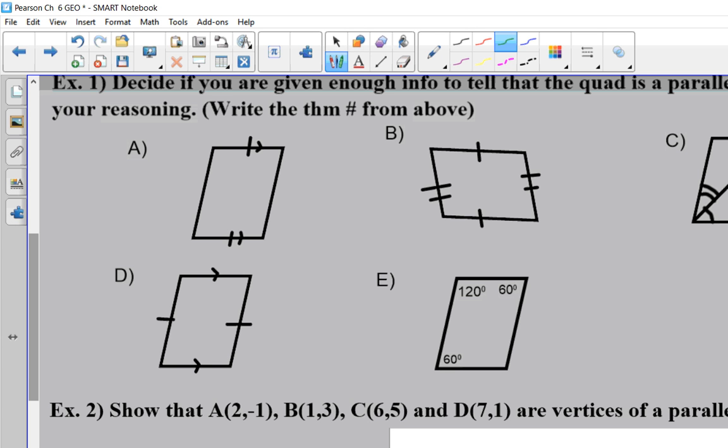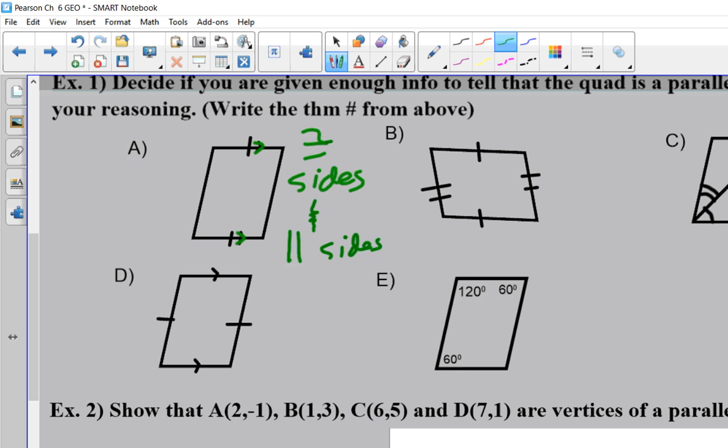So once again, I'm going to go quick, so pause it if you need to. Those should be arrows. And so if one pair of opposite sides are congruent and parallel, then it can be a parallelogram. So congruent sides and parallel sides.